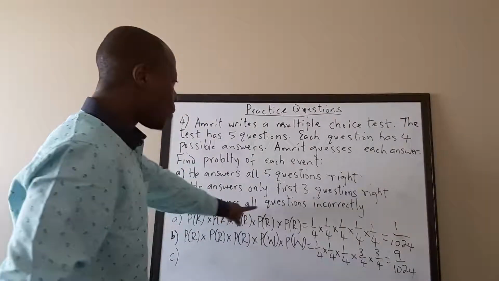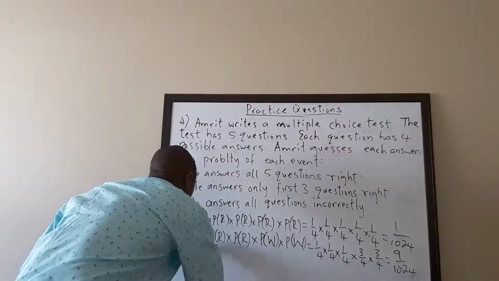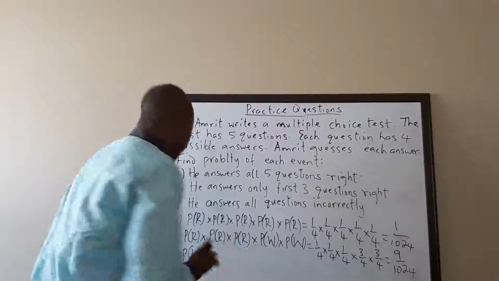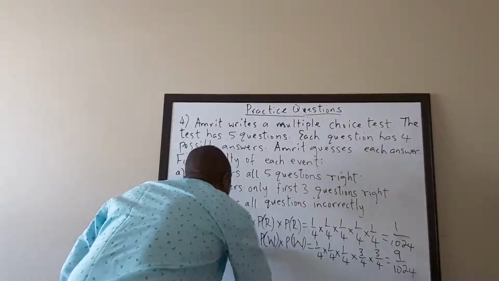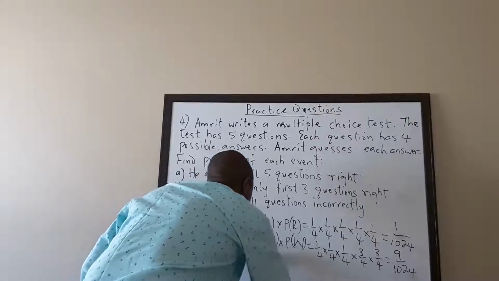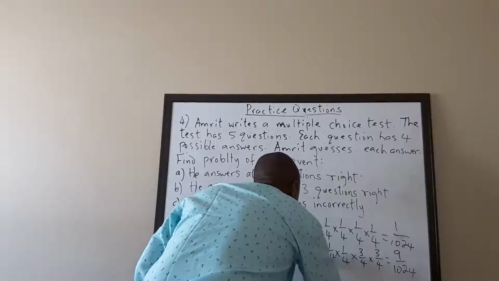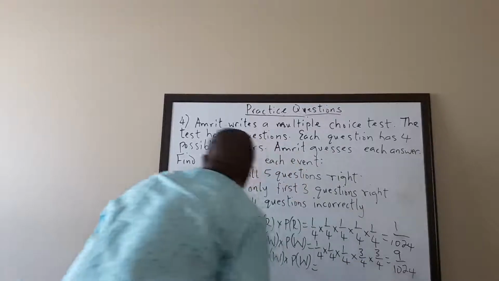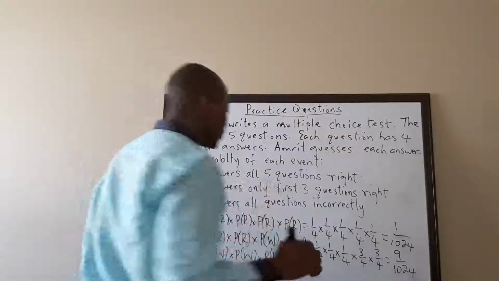He answers all questions wrong. So PW, all questions wrong, times PW, times PW, times PW, times PW. So 5 times. The chance that each one is wrong is 3 out of 4.